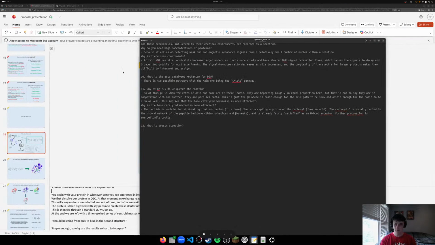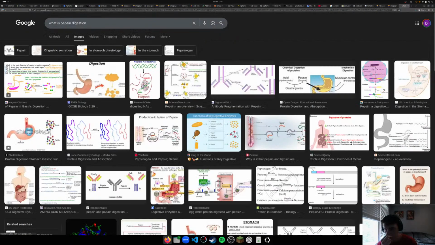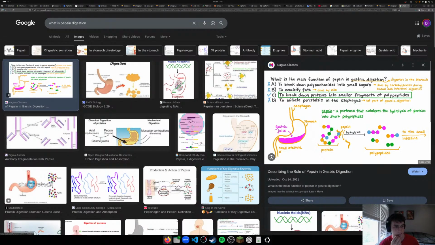So this is an enzyme. Pepsin is an enzyme that operates in acidic conditions to cleave a protein in certain positions to create peptides. So it does this with hydrolysis.